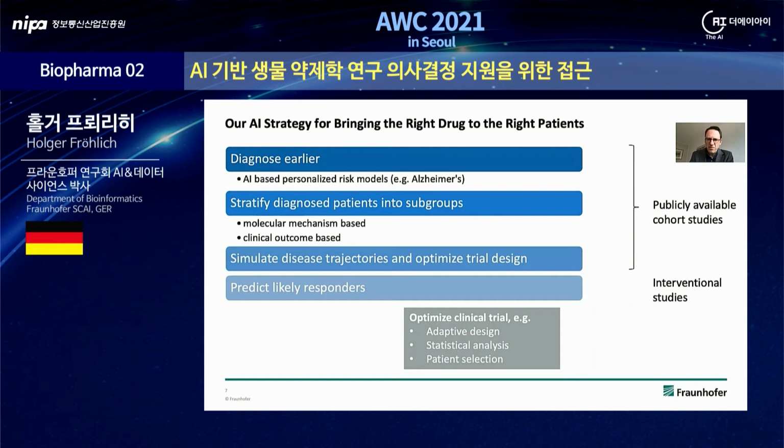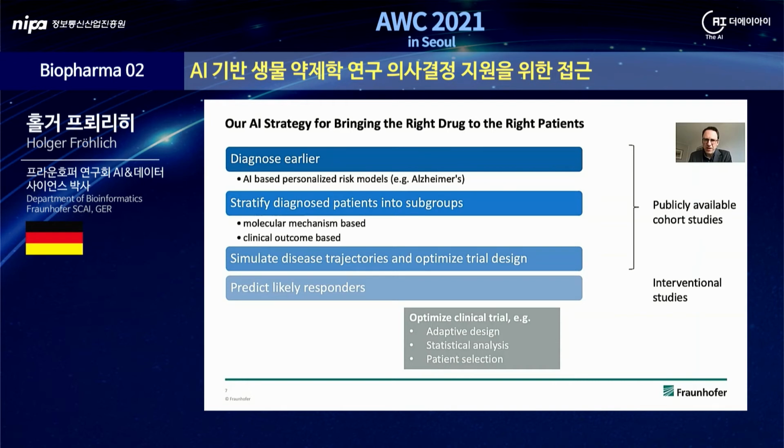The last step is to develop AI models for predicting clinical treatment response of individual patients. It aims at identifying likely responses to a drug early during a study, ideally already at baseline. This last step requires sufficiently large data from interventional clinical studies, of course.